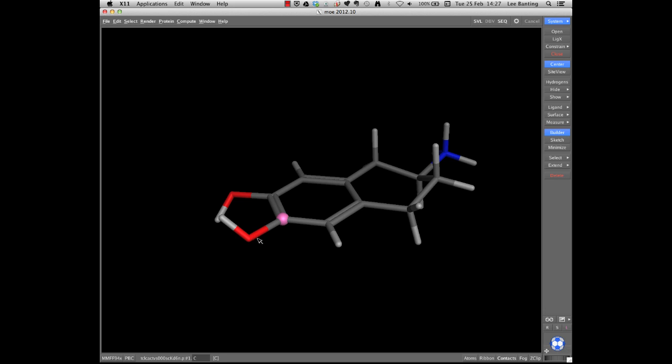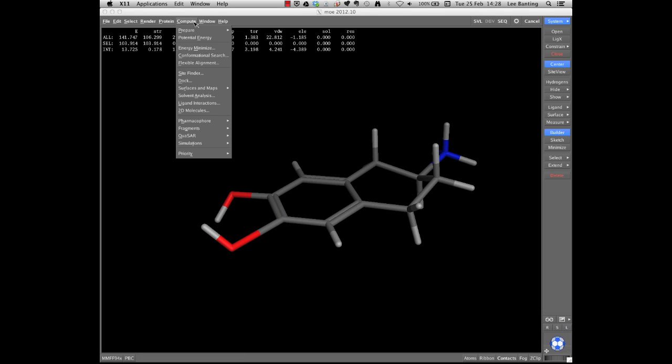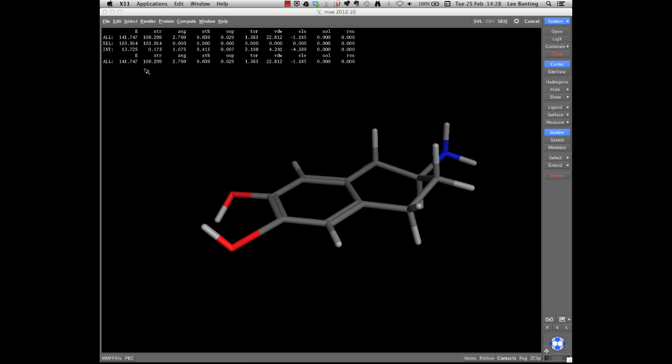So I'm going to select a rotatable bond, and I'm going to edit the distance, and I'm going to calculate potential energy, and the energy, you can see, has gone up considerably. This is the one that we're looking at here. If I click here and recalculate the potential energy, sorry, let me just let that go away so we can refresh the screen.